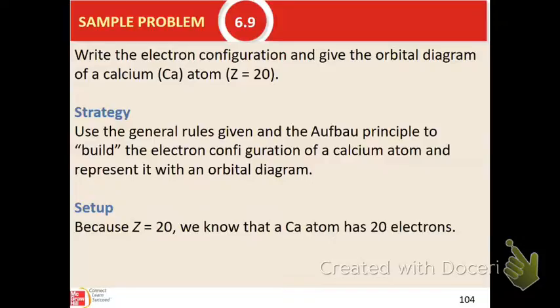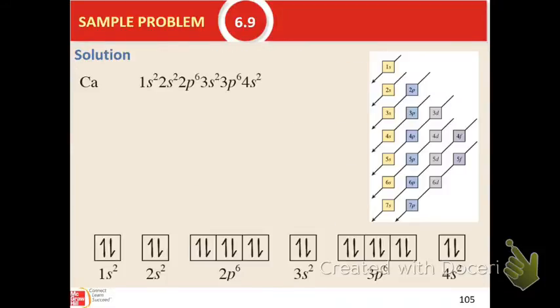So when we go about filling these orbitals, we're going to keep in mind our diagram that we were just talking about. Your 1s is going to fill first, and then your 2s, and then your 2p's, and then your 3s, and then your 3p's, and so on.